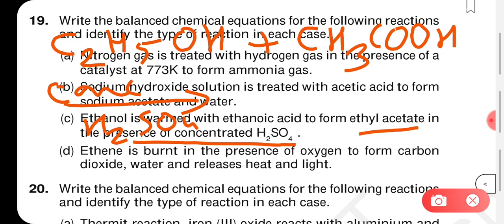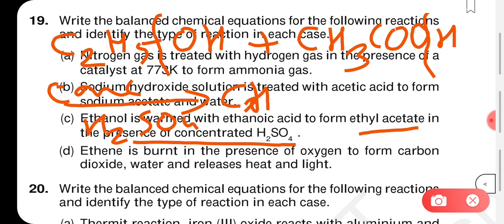So here also what will happen is this, double displacement is taking place. Okay, from here this is breaking, here H plus will be removed. Okay, here you need to remember one thing, C2H5 will not come first, here esterification is taking place, right?